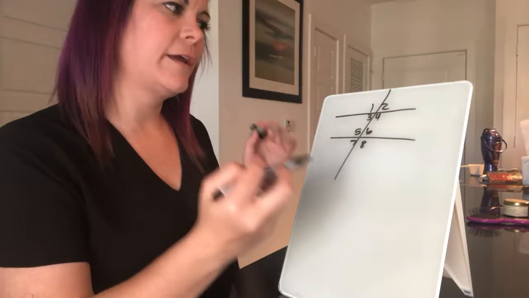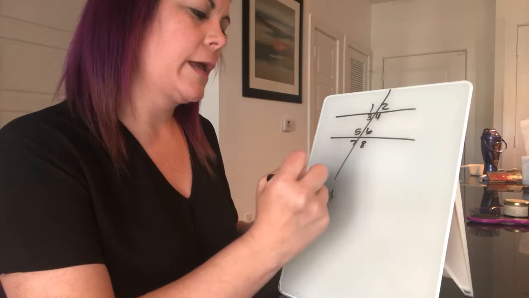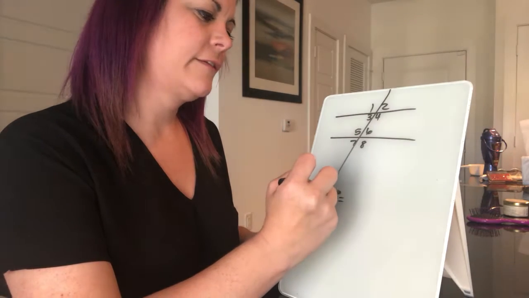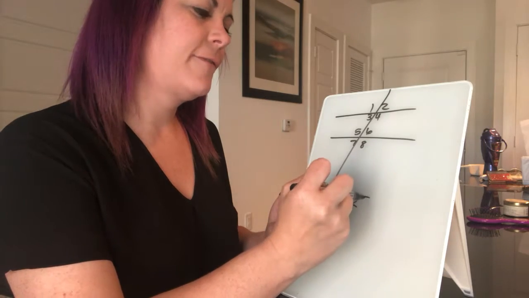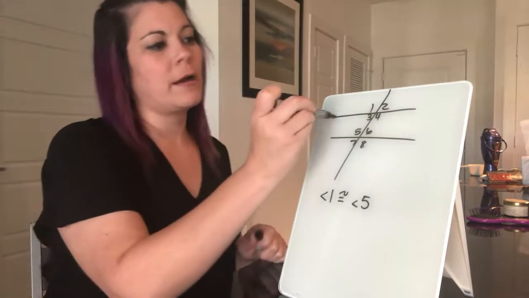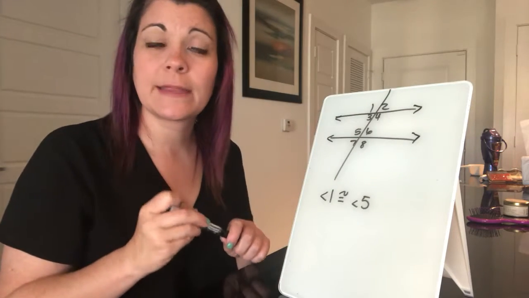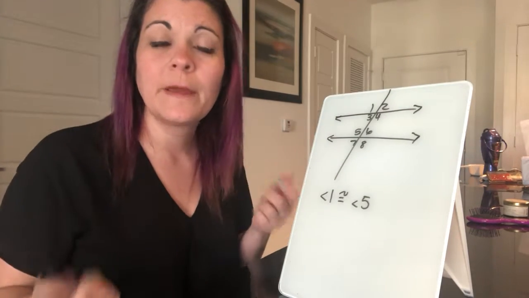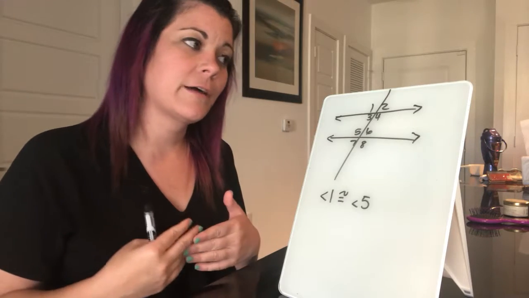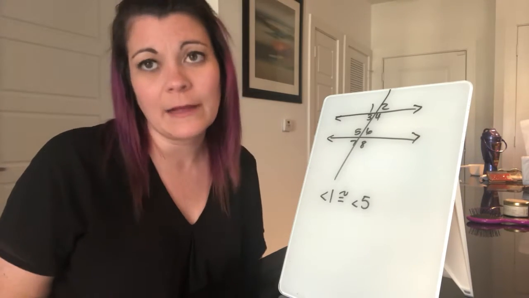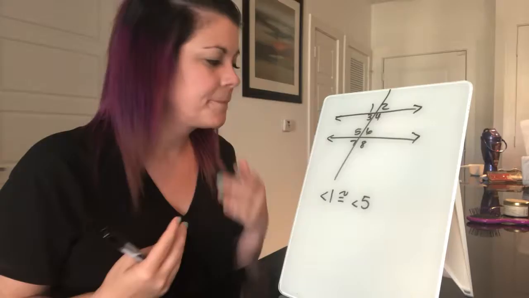So if you are given that angle 1 is congruent to angle 5, then you can automatically tell that those two lines are parallel. You can say that by stating the theorem that if corresponding angles are congruent, then the lines are parallel. So that's that theorem.